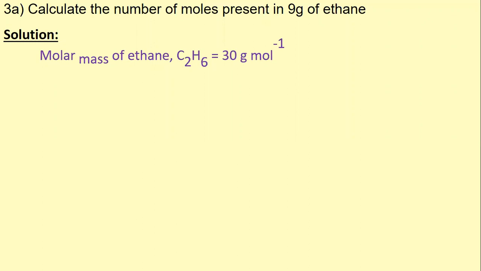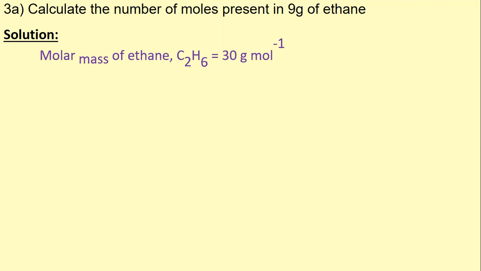Carbon has a molar mass of 12, and here 2 carbons are there, so 2 into 12 gives 24. Hydrogen has an atomic mass of 1, and here there are 6 hydrogen atoms, so 6 into 1 is 6. Now 24 plus 6 gives you 30.